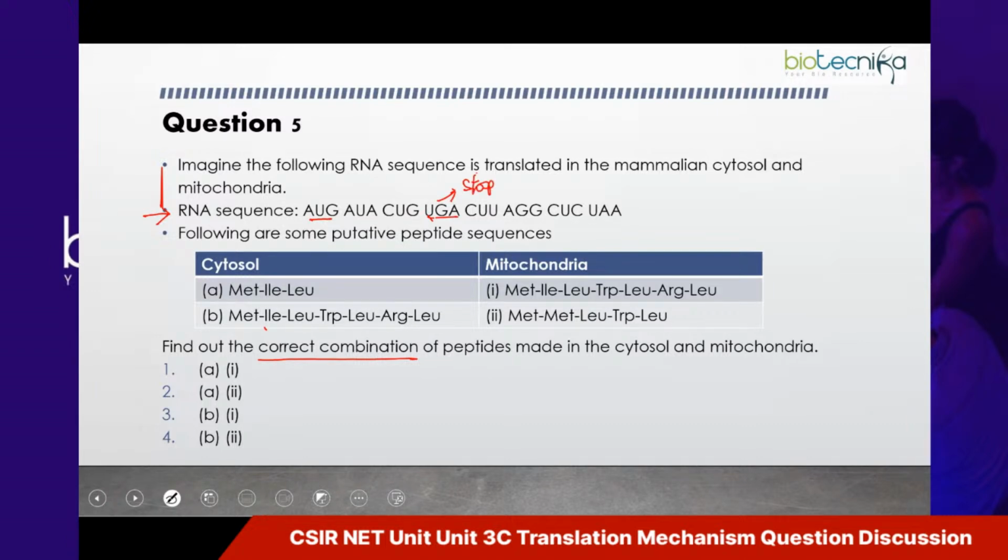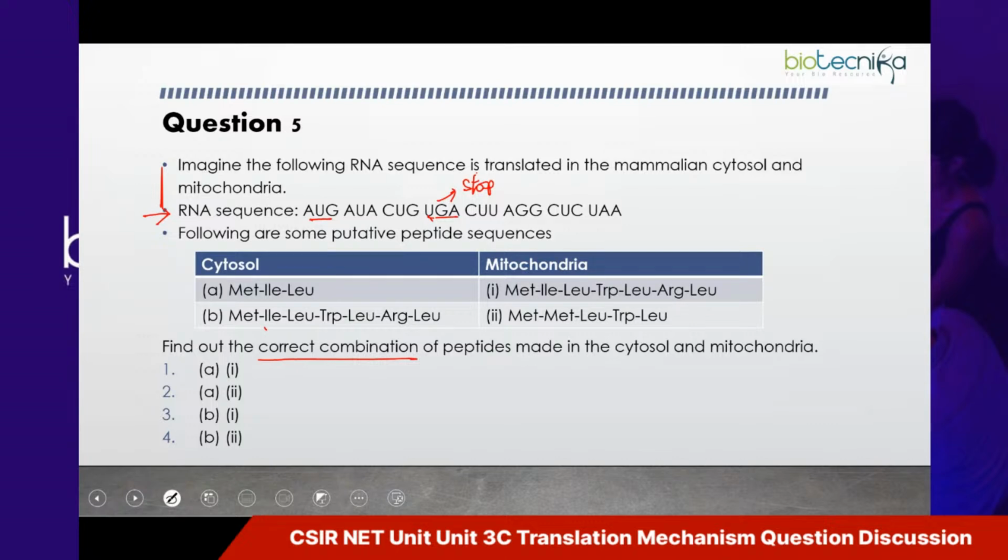I told you, stop codons and initiation codons are some of the codons that you should know. So UGA is a cytosolic stop codon, and termination of translation will happen, and UGA does not code for any amino acid.